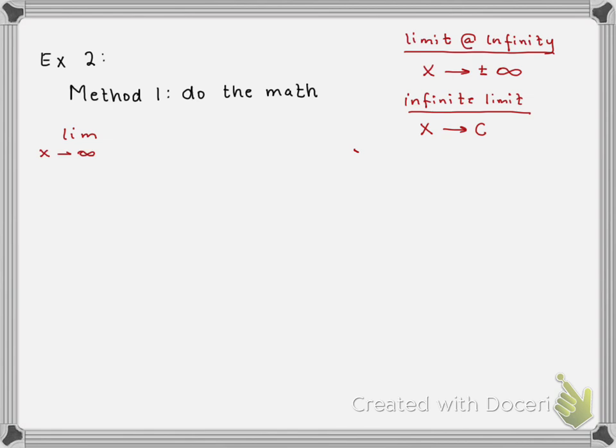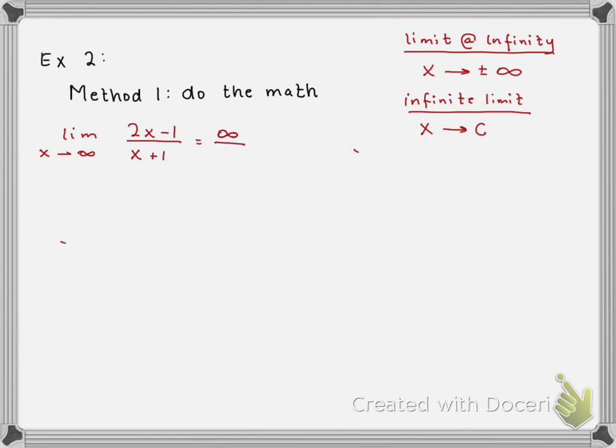All right, so we're looking at example 2. Find the limit as x approaches infinity of 2x minus 1 all over x plus 1. If you put infinity here, you get 2 times infinity, which is infinity, and infinity minus 1 is still infinity.